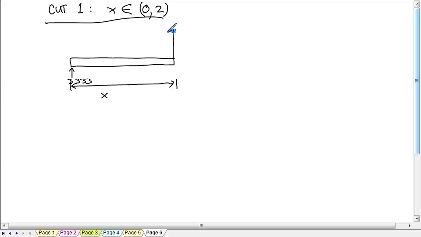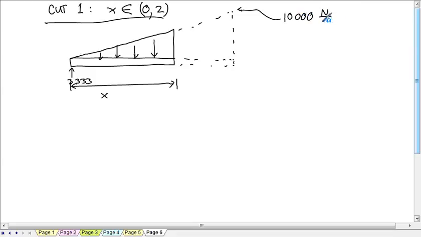We're definitely going to have a distributed load. But now the key thing that you have to notice is the value of this point on the distributed load is not 10,000 anymore because this beam goes on, and so that distributed load goes on. This would be 10,000, but this is something else.